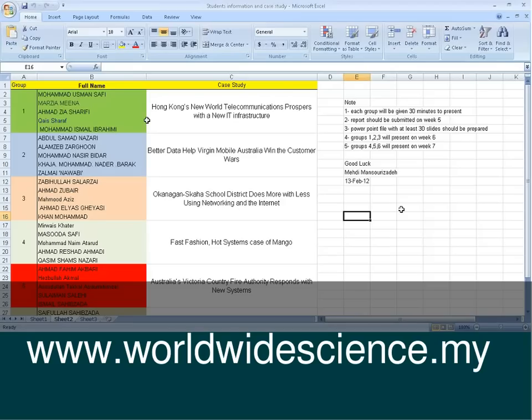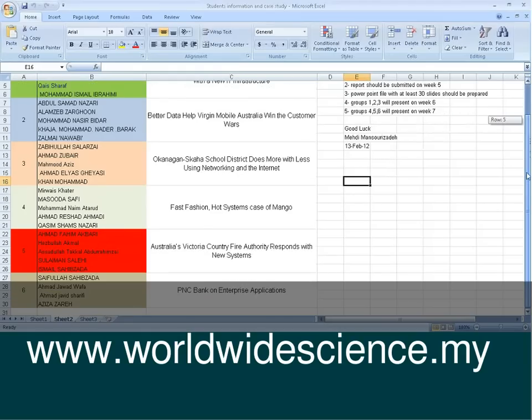You can see it here, and I will send you all this file later for your reference. There are 6 groups here, and you can check your names and find your group mates. If somebody in the class has a name that is not in this list, please email me and let me know, and we can add you to one of the groups.